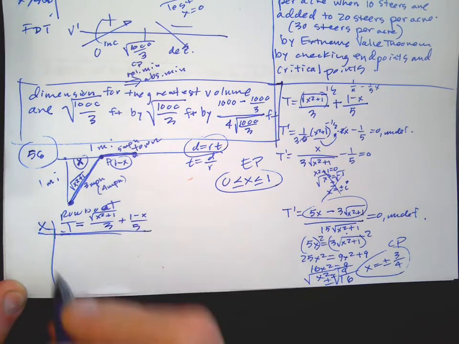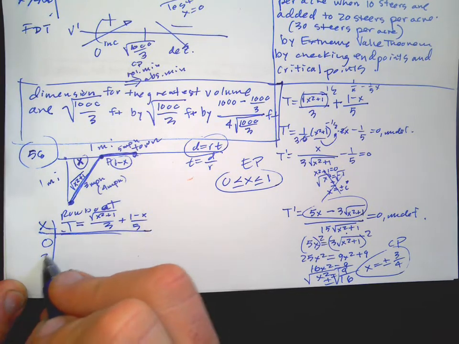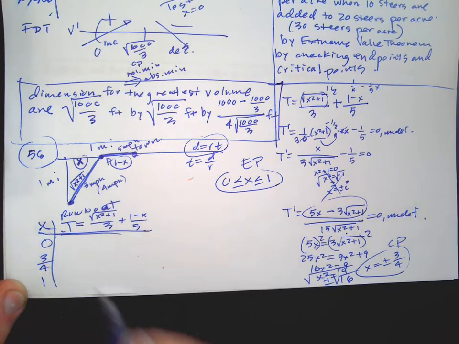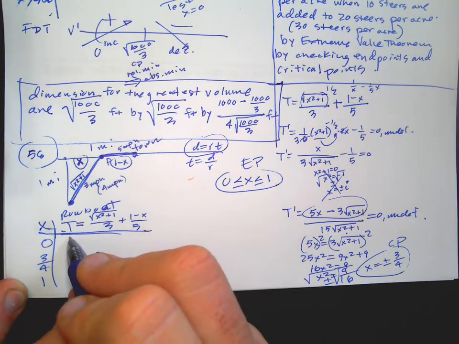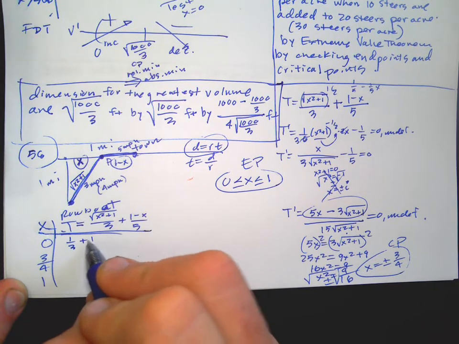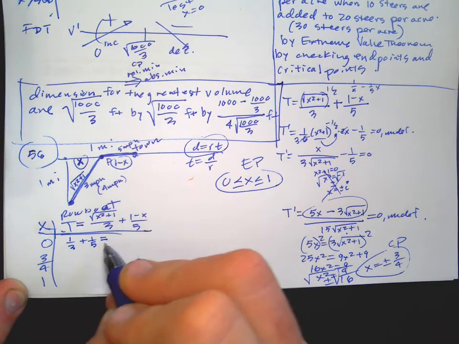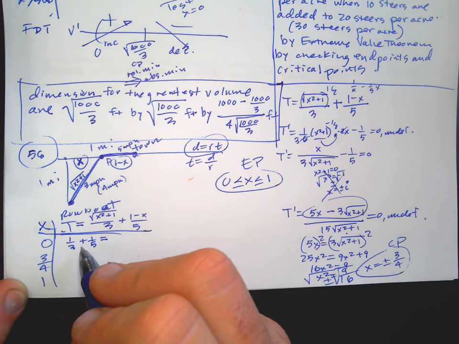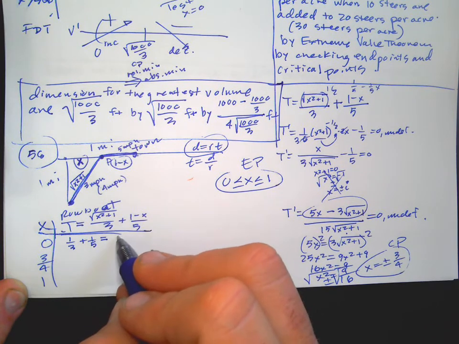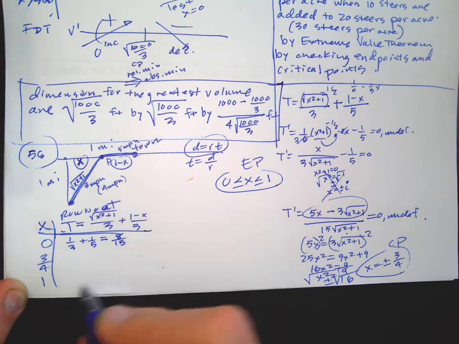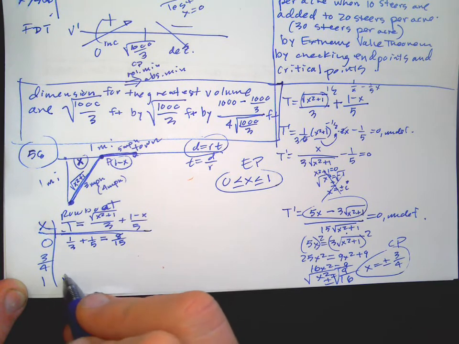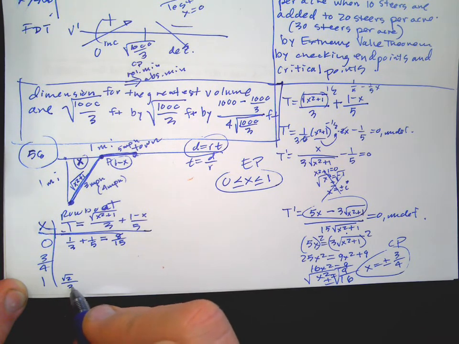Plugging in endpoints, we're not going to plug in negative 3/4 because it's outside the endpoints, and we're not going to go backwards. Plug 0 in here, get 1/3 plus 1/5. Least common denominator would be 5 plus 3, 8/15. If you plug 1 in, you get the square root of 2 over 3.